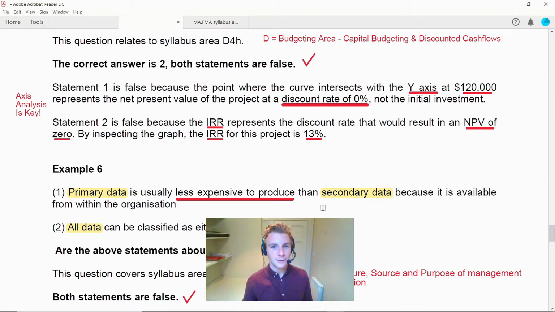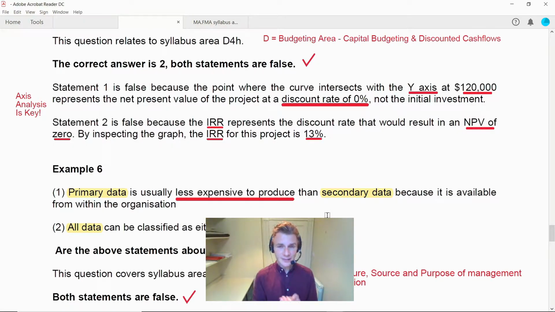But these are the explanations where we're going to add some value. If you analyse the axis, as you can see on the left-hand side of my notes, this is where it really helped in understanding what was going on. This comes from the syllabus area of capital budgeting, discounted cash flows, bringing it back to the present value. But you're more interested in why they are not right.